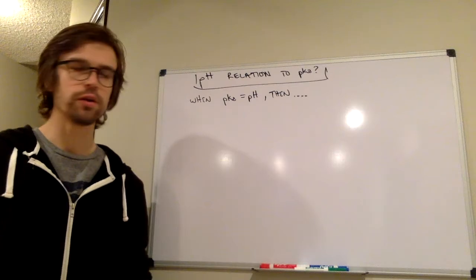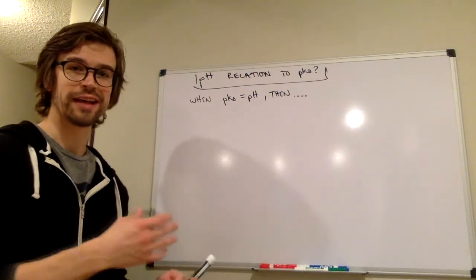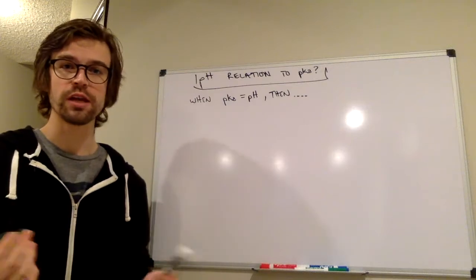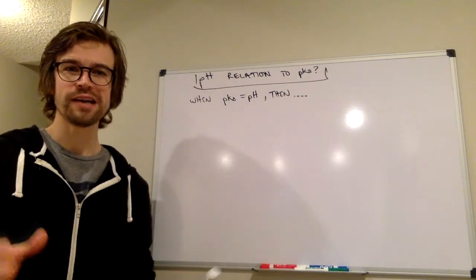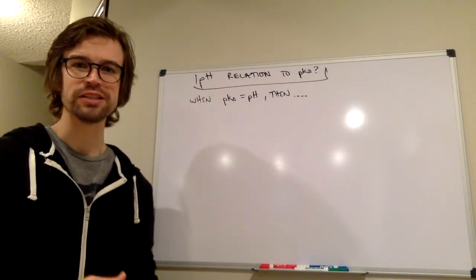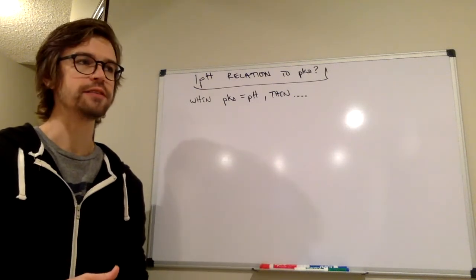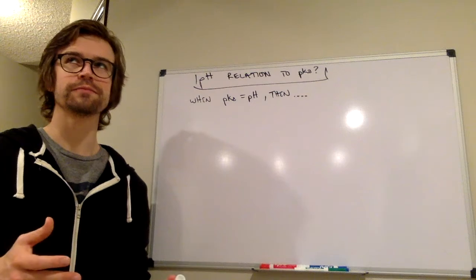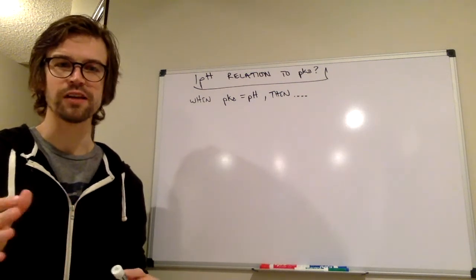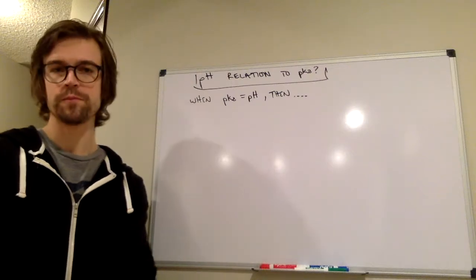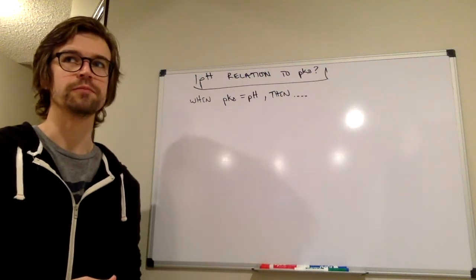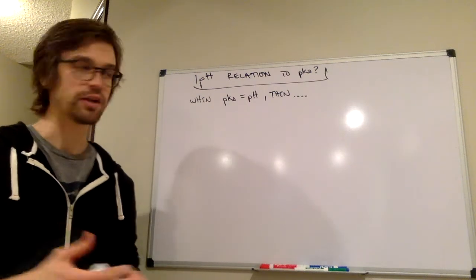All right, so we've talked about how we can use pKa's to say the equilibrium is going to be over there, or the equilibrium is going to be over here. But I wanted to talk for a minute about how directly pKa's and pH's are related. You've seen this a little bit before in general chemistry, the Henderson-Hasselbalch equation, when you were doing pH equilibrium and thermodynamics of acid-base reactions.